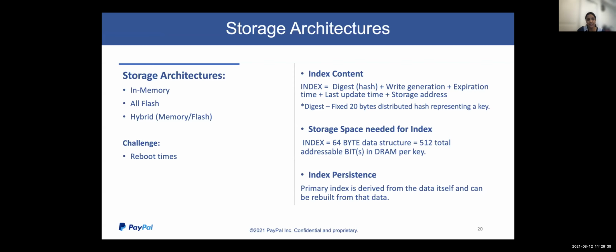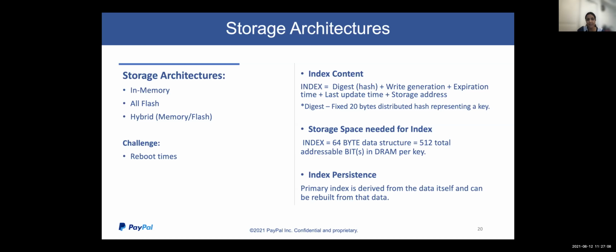The in-memory database gives us super fast speed, but it has a couple of disadvantages. The first is the high cost, and the second is long reboot times. In case of server failures or any maintenance activity which requires an OS reboot, it takes a very long time for the servers to reboot.